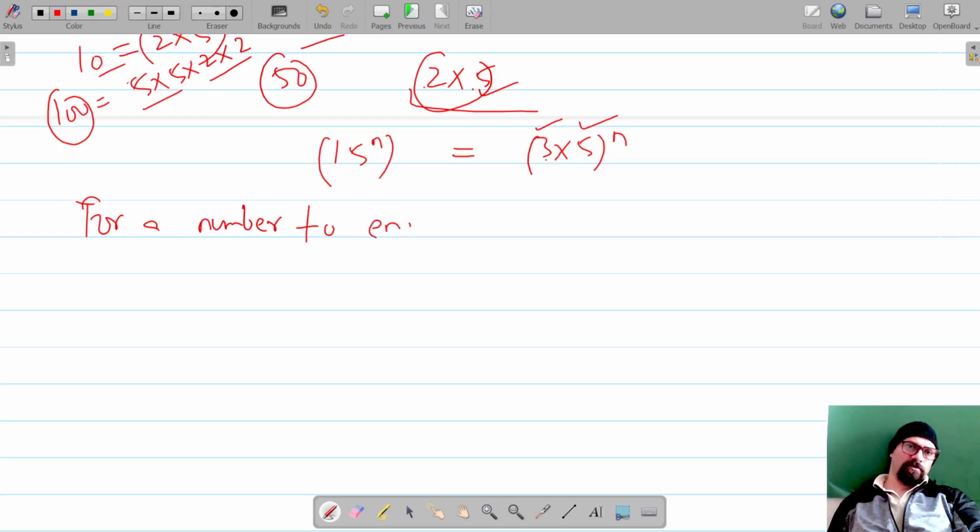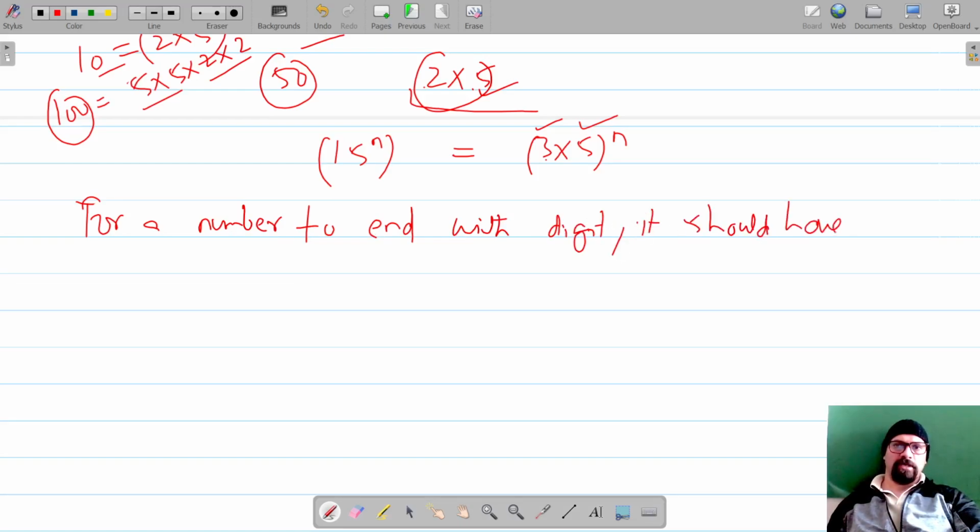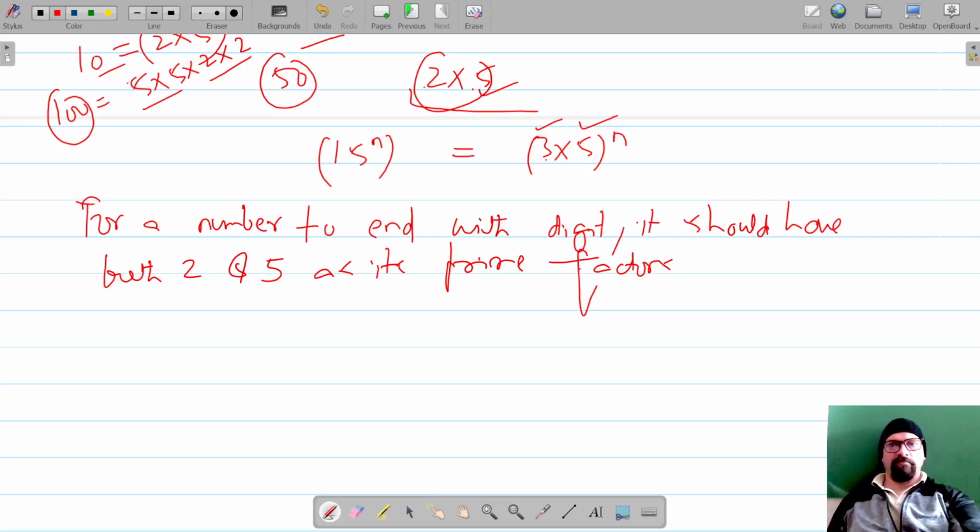So for a number to end with digit 0, it should have both 2 and 5 as its prime factors. But in this case, 15 does not have 2 as a prime factor.